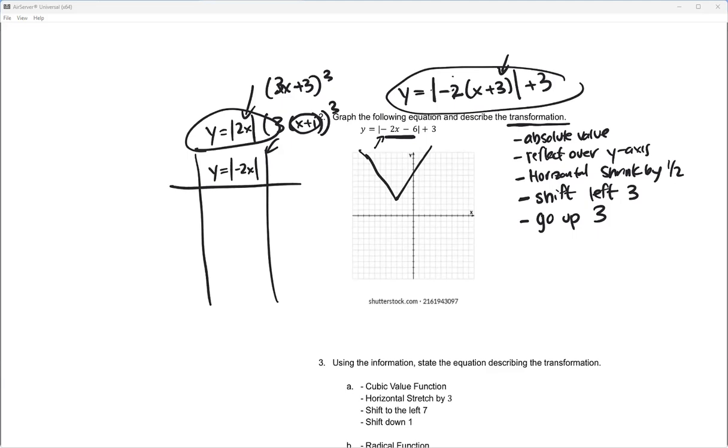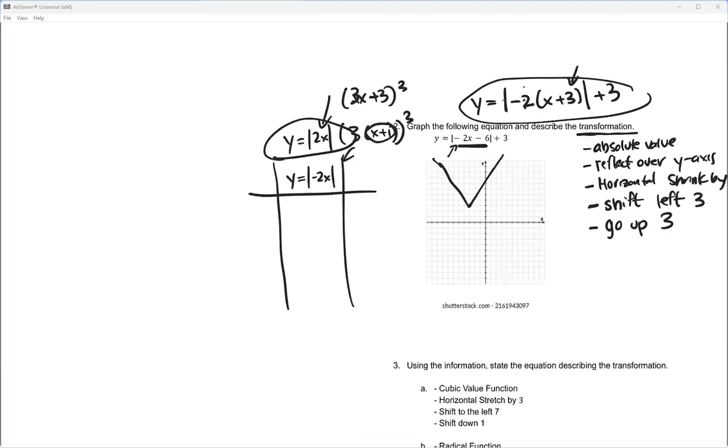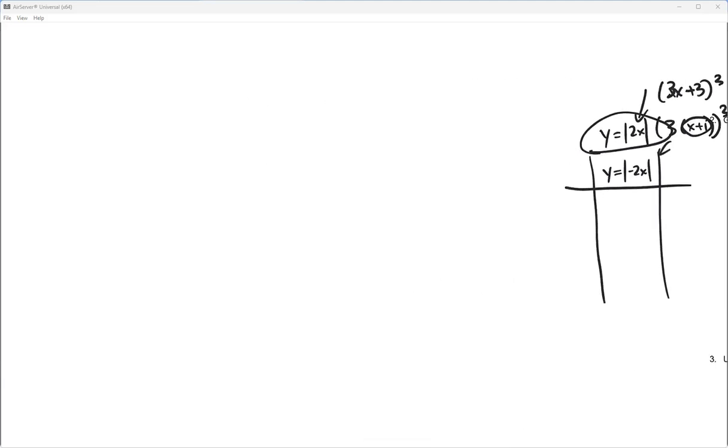Let me give you another example before we move on. Let's start with linears. If I have y equals 2x, or y equals 2x plus 3, that's a slope-intercept thing. What I'm saying is graph y equals 2x, and then move it up 3.